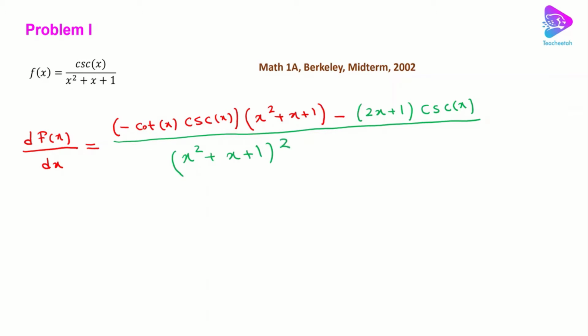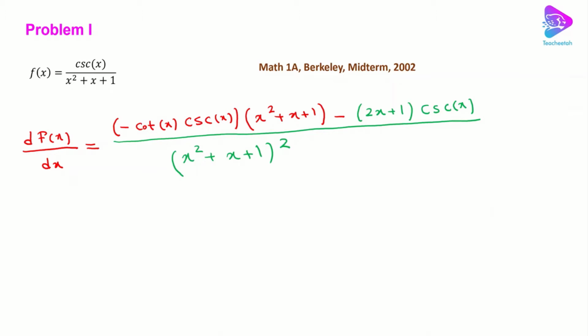So this is the final answer. Using the quotient rule, we obtain the derivative of cosecant x over x squared plus x plus 1, which was an exam problem from University of California, Berkeley in 2002.